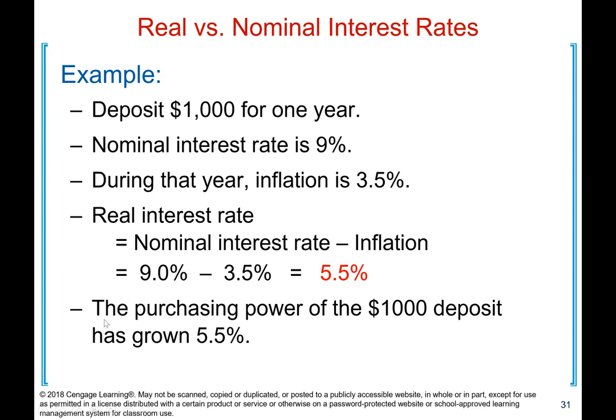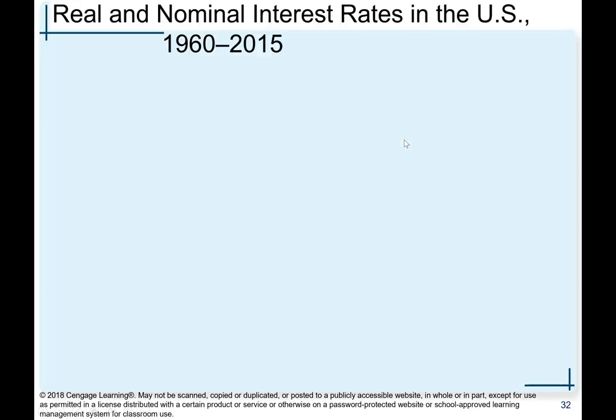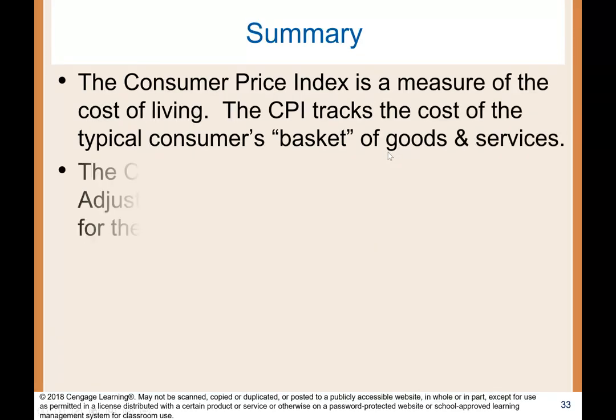That 9% was the nominal interest rate. 3.5% is the inflation rate. So the real interest rate was 5.5%. The purchasing power of that $1,000 has grown by 5.5%, not 9%. Okay, so you have to make an adjustment for the inflation rate.